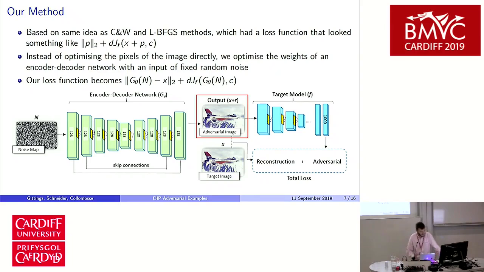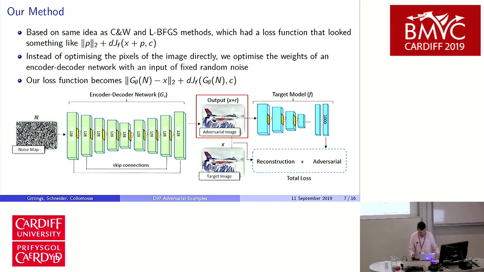So instead of doing that, we're using the deep image prior idea, and we've attached this special network here, this encoder-decoder, and instead of perturbing the pixels of the image directly, we are going to change the weights of this network. So for every single image, this network gets initialized from scratch randomly, and then we overfit on this one image.